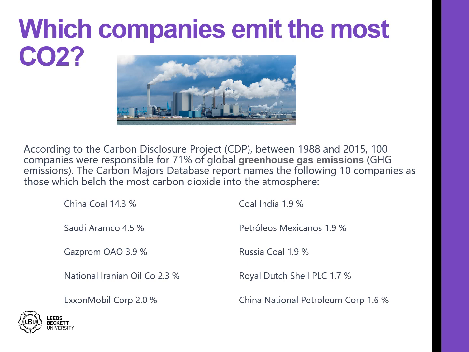So let's have a quick look back several years ago at which companies were emitting the most CO2. According to the Carbon Disclosure Project, between 1988 and 2015, 100 companies were responsible for 71% of the global greenhouse gas emissions, and among them were things like China Coal, different companies within the coal industry.